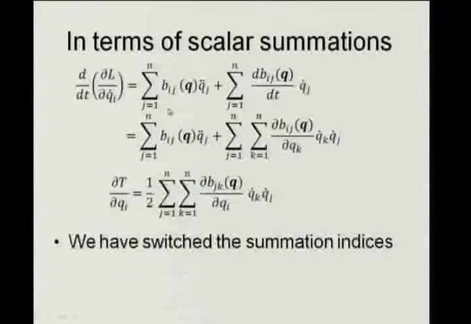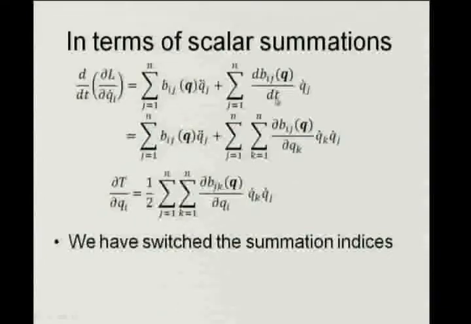So finally you break it down into the components of Bij, which is a function of the generalized coordinates, times q double dot j, plus you have this term. Now this term, dBij upon dt, you break it up like this: you write it as the partial of Bij with respect to qk multiplied by qk dot, and then you sum over all the k's to get this term dBij upon dt. Is that okay?